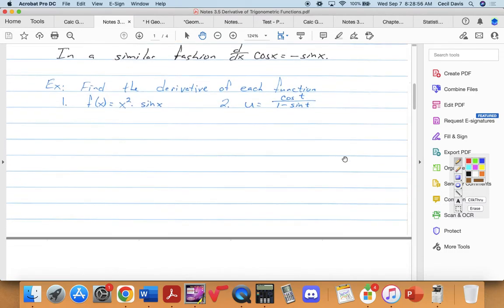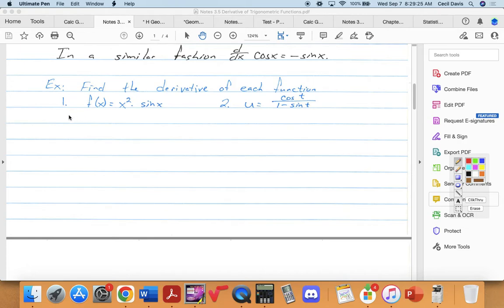So, now we can do problems where the product rule has to be used. So far, with almost everything that we've done, you could get away with not using the product rule because you could multiply things out and get some sort of a polynomial. It might be ugly, but you could do it. Now, with this, not so much, because I've got a polynomial function times a trig function.